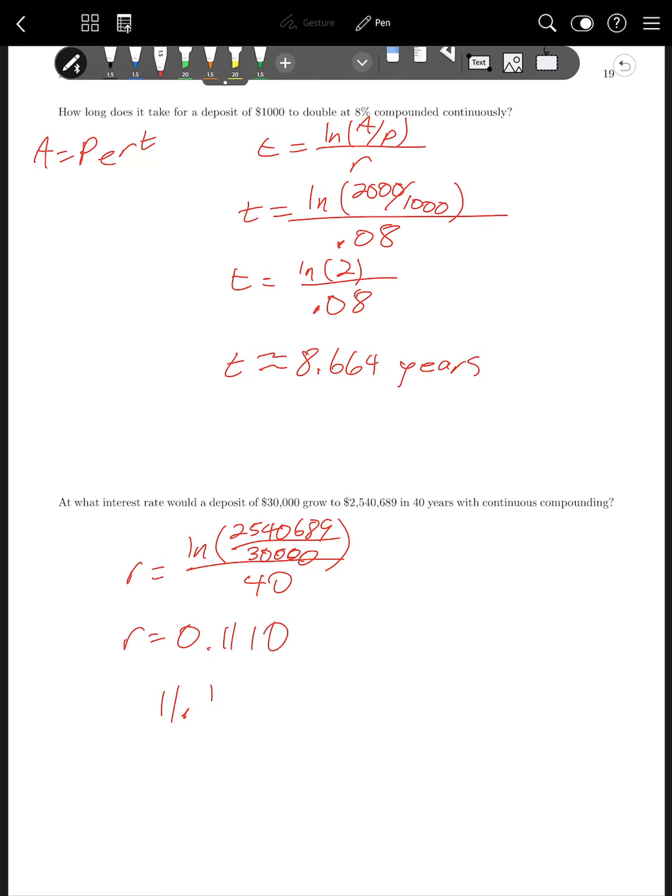So 11.1%. Okay. So that's the idea there. That's how we can use logarithms to solve for r and t in this continuously compounded interest formula.